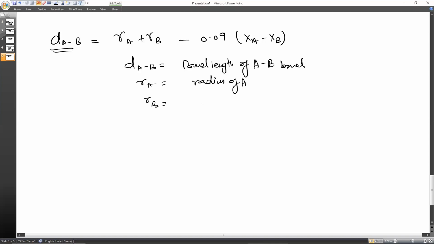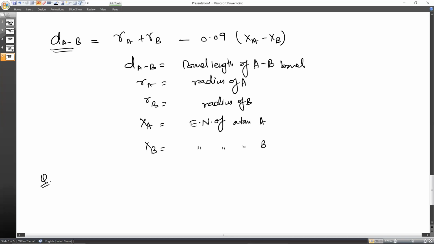RB is the radius of B. And what is XA? It is the electronegativity of atom A. And what is XB? It is the electronegativity of atom B. Got it?